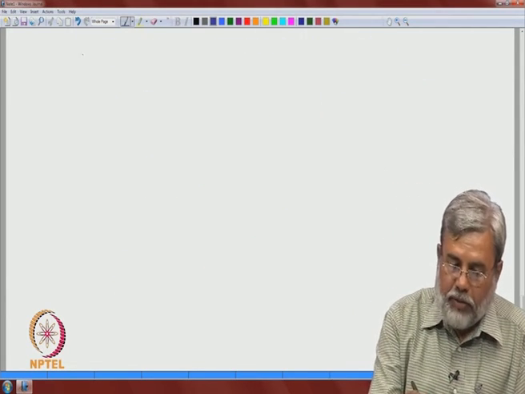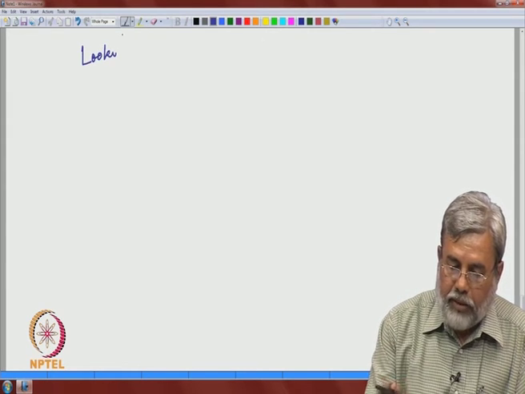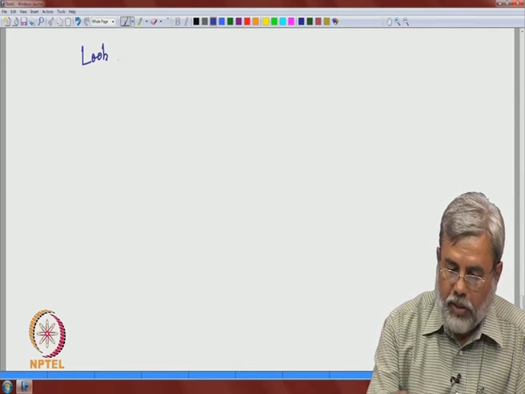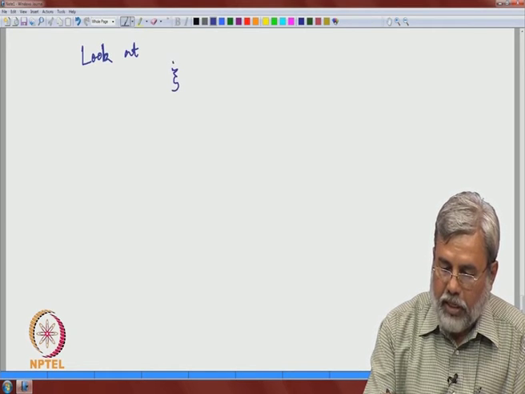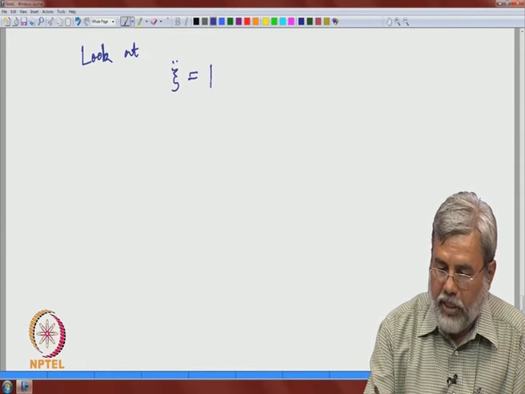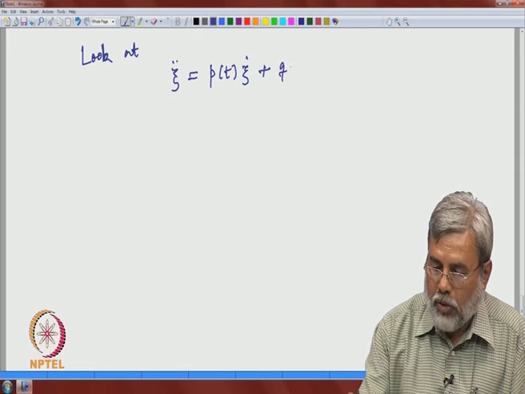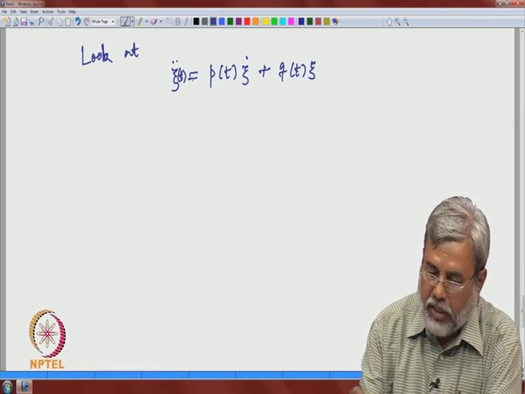So, now again go back and look at the variation equation. J double dot equal to P(t) J dot plus Q(t) J. Okay. So, everything at t. Let me just write that.